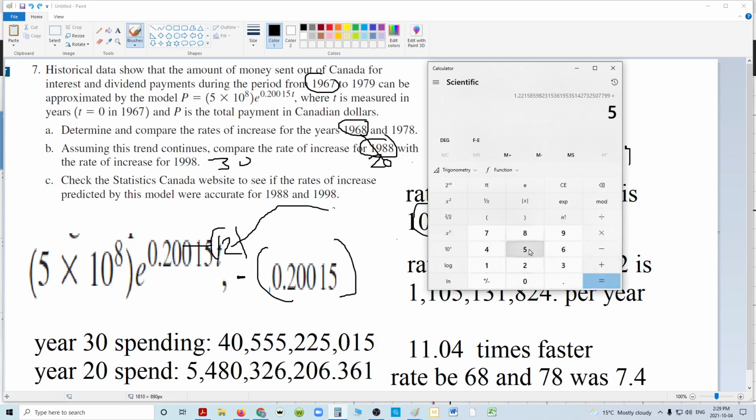That's different. Yeah, times 5 times 10 to the exponent of 8 times 0.20015. Do I get what they got, though?